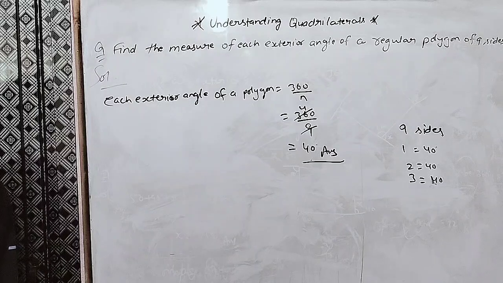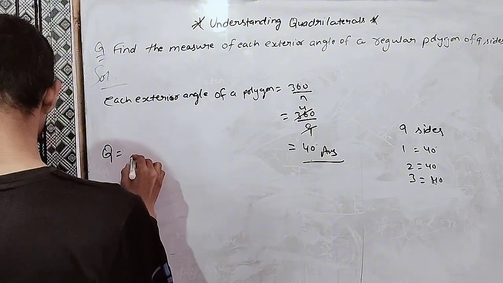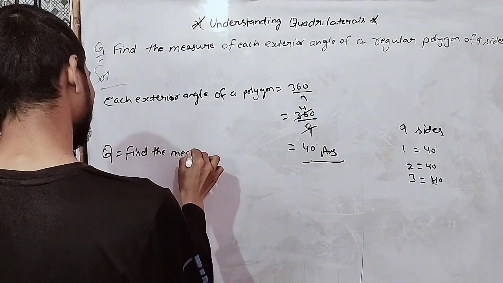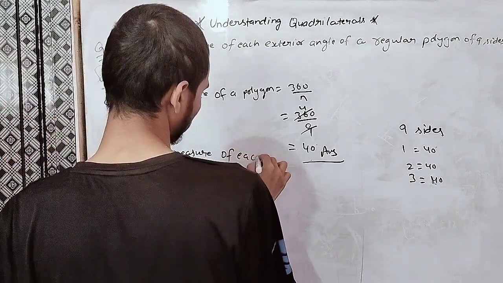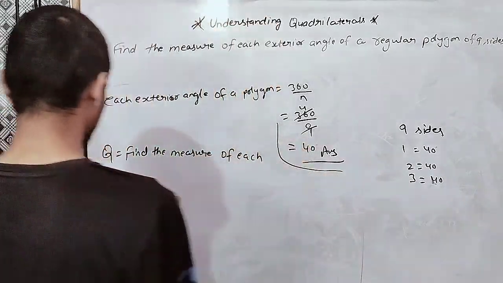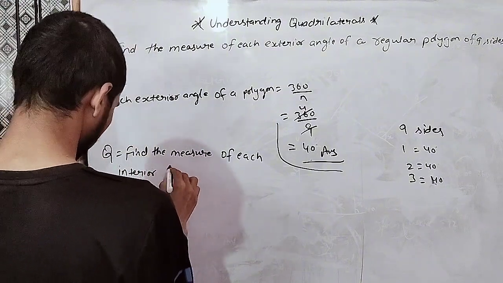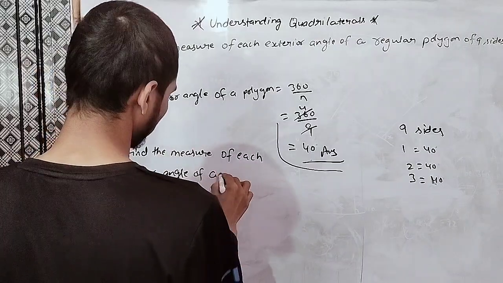Of course. Next question, let's see what the next question is. I am going to write here. Next question. Find the measure of each interior angle of a regular polygon.